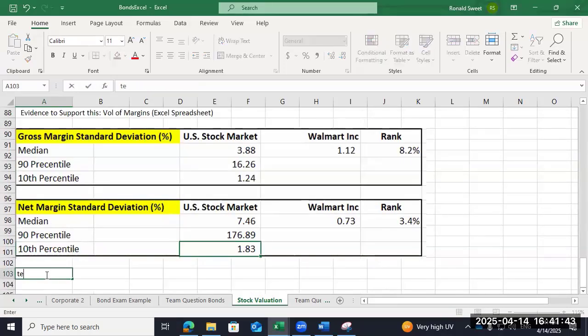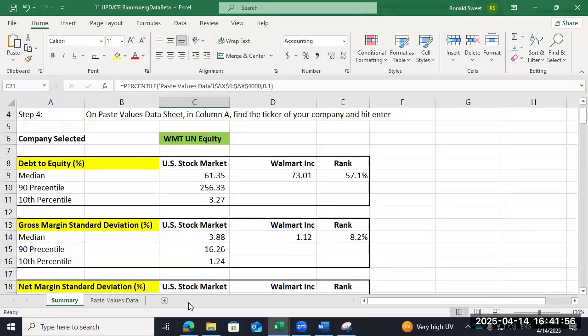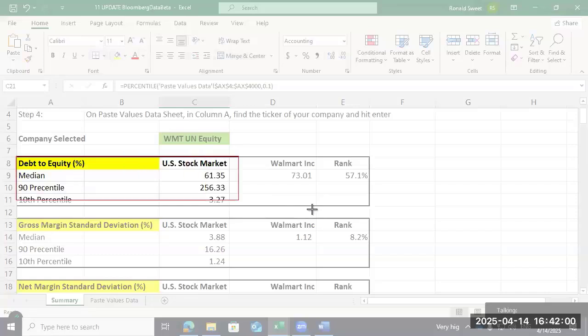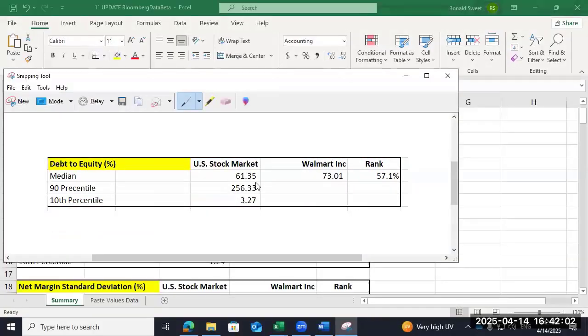And then step 3 is financial leverage. This one's probably the easiest one of all, because there you just need the chart. And you can see their debt to equity is in line with the market.